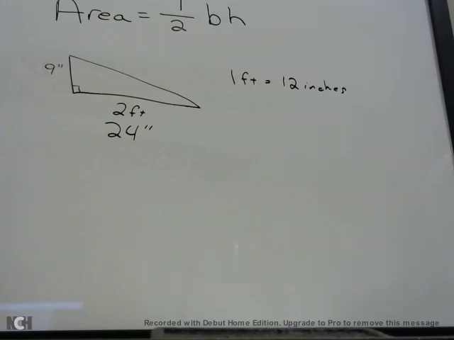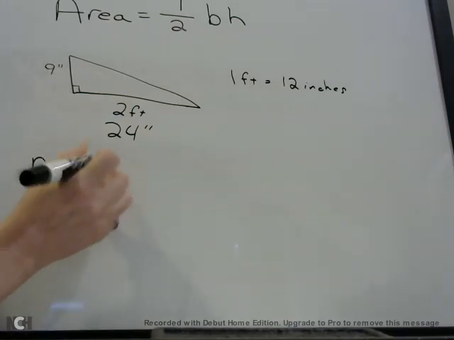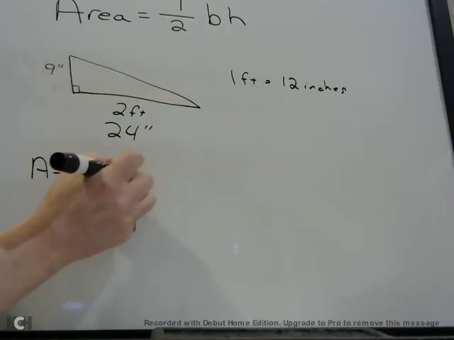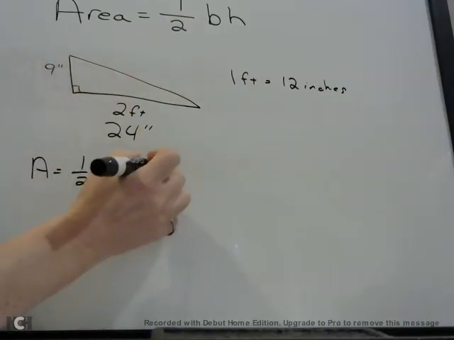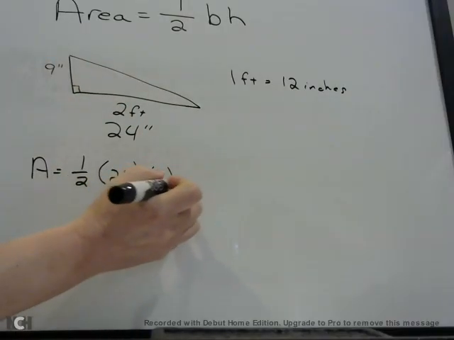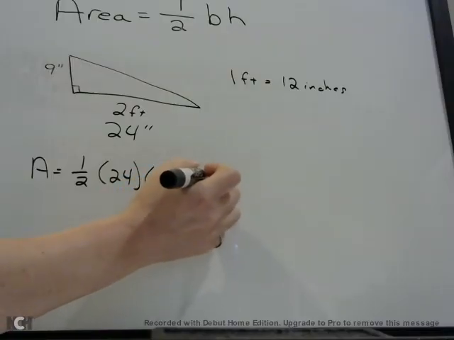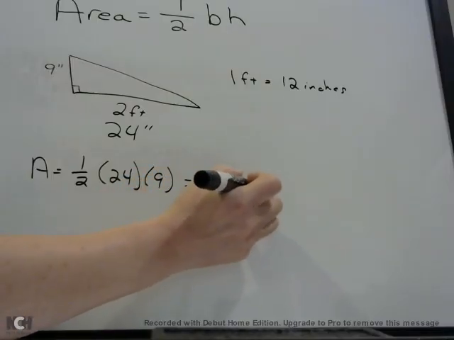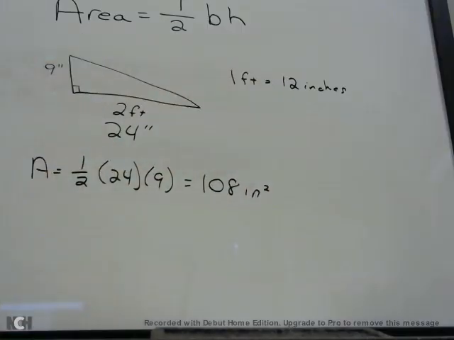So now we can do the problem where area equals 1/2 times base, 24, times height, 9. If you plug that in your calculator, you're going to get 108 inches squared. So always look at the units and change them.